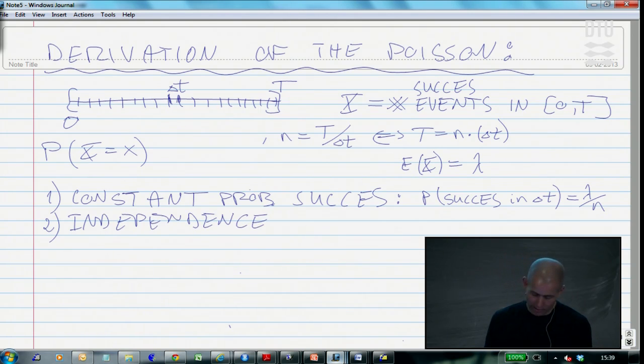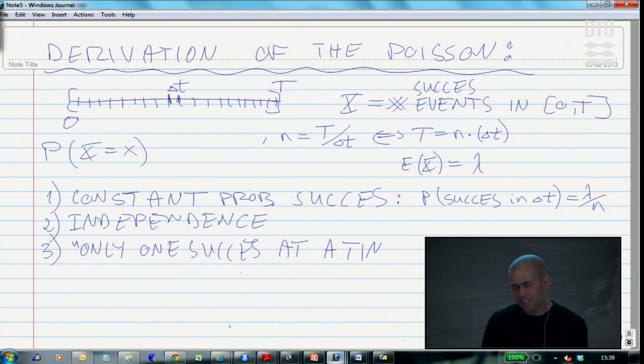And the final assumption is that, roughly, there is only one success at a time. So basically there cannot be multiple events at exactly the same time. They can be very close, but they cannot be exactly at the same time.